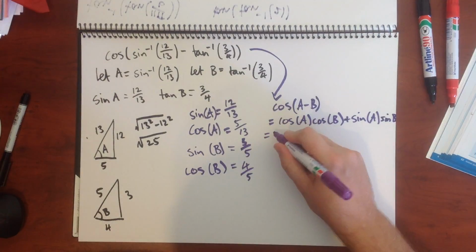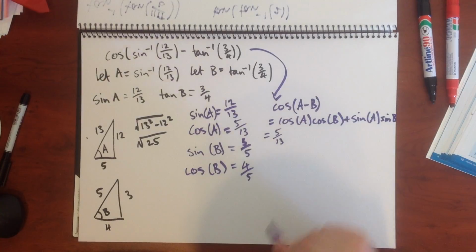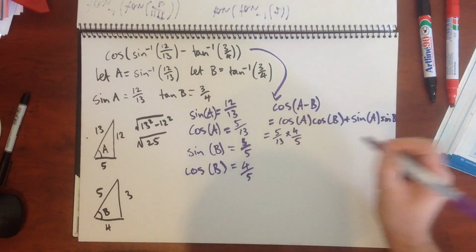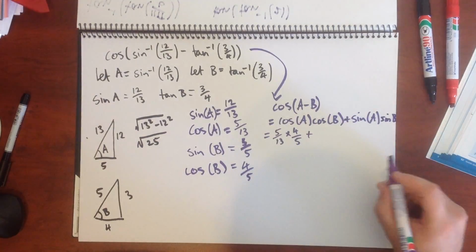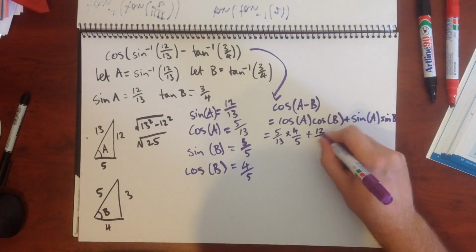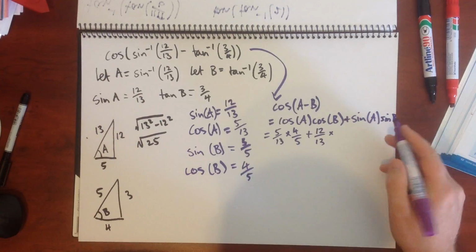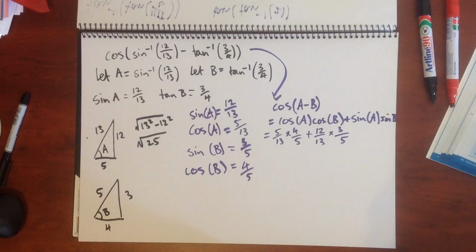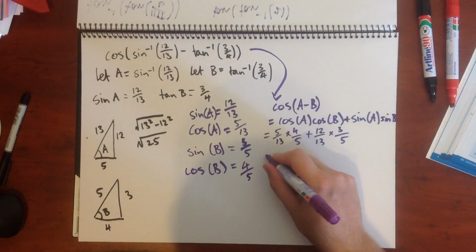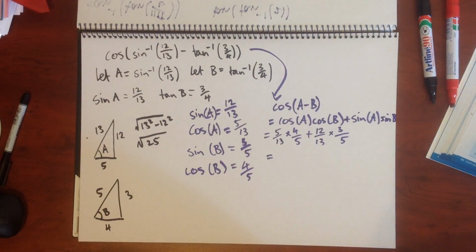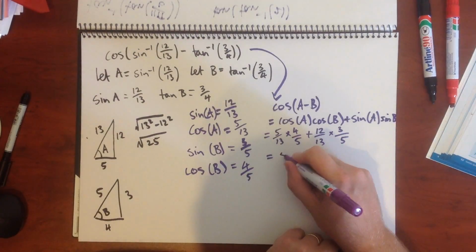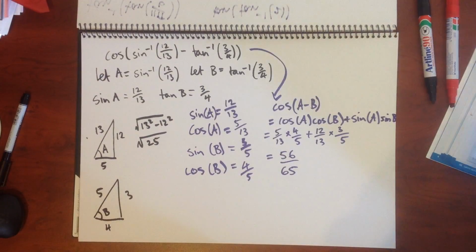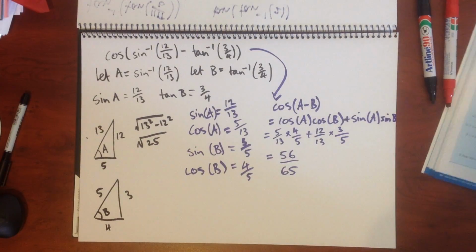So cos of A, 5 on 13, cos of B, 4 on 5, plus sine of A, 12 on 13, times sine of B, which is 3 on 5. Okay, so we've got everything that we need there, and when we simplify that, take my word on it, we end up getting 56 on 65.